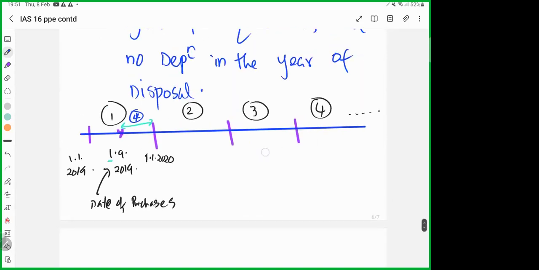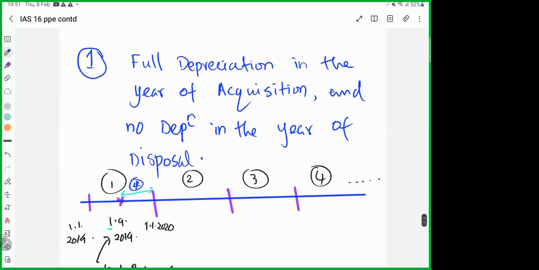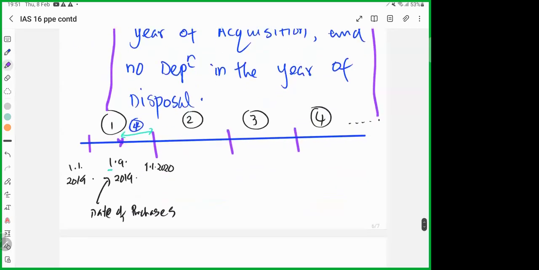Correct? Now let's read this. Full depreciation in the year of acquisition. In which year did I purchase the asset? In 2019. Are you clear with that? But in 2019 the asset is with me for only 4 months. Are you clear with that also?